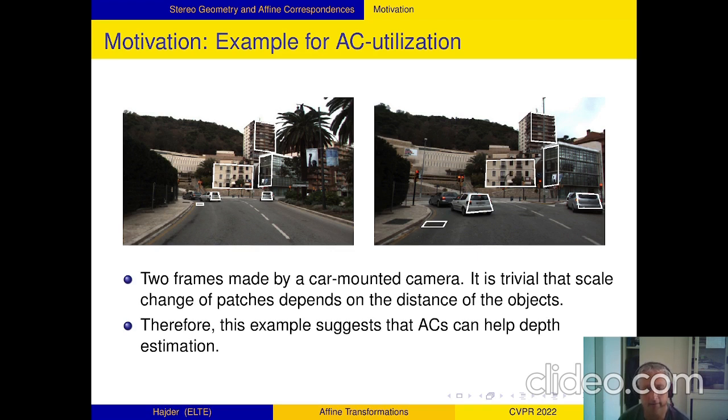In the left image there are cars and buildings, and the camera is mounted to a vehicle. In the second image, approximately 2 or 3 seconds after the first image, another moment is recorded.